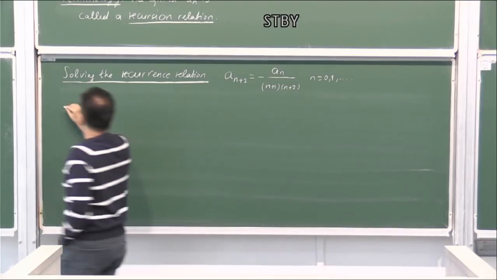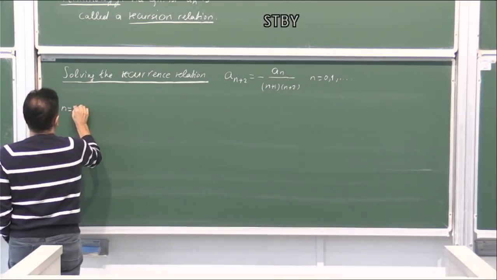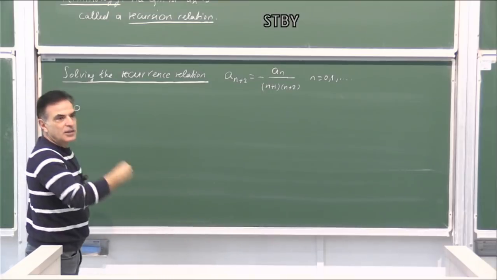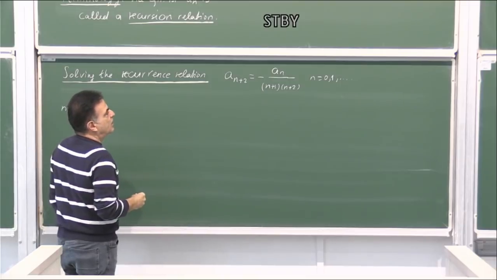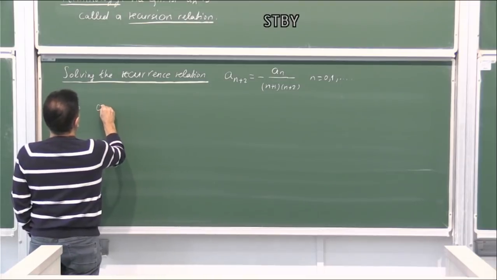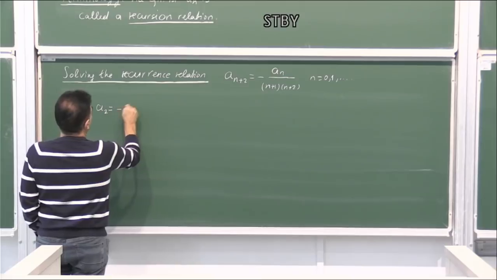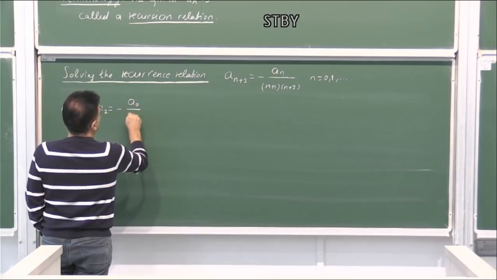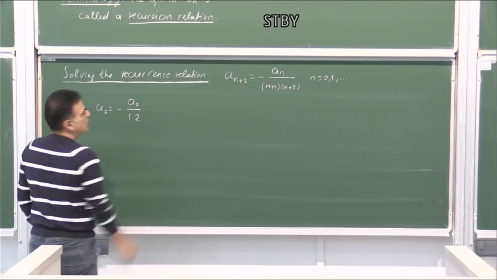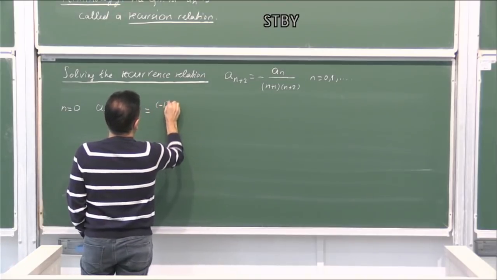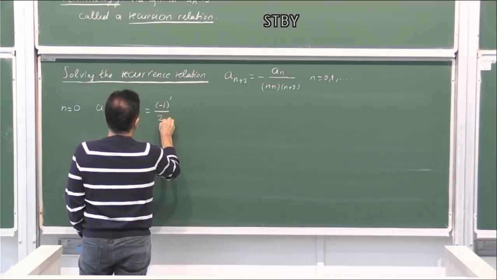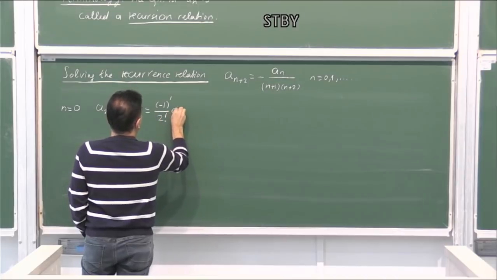Starting with n equal to 0 and solving step by step recursively, we have a2 equal to minus a0 over 1 times 2, which is minus 1 to power 1 over 2 factorial a0.